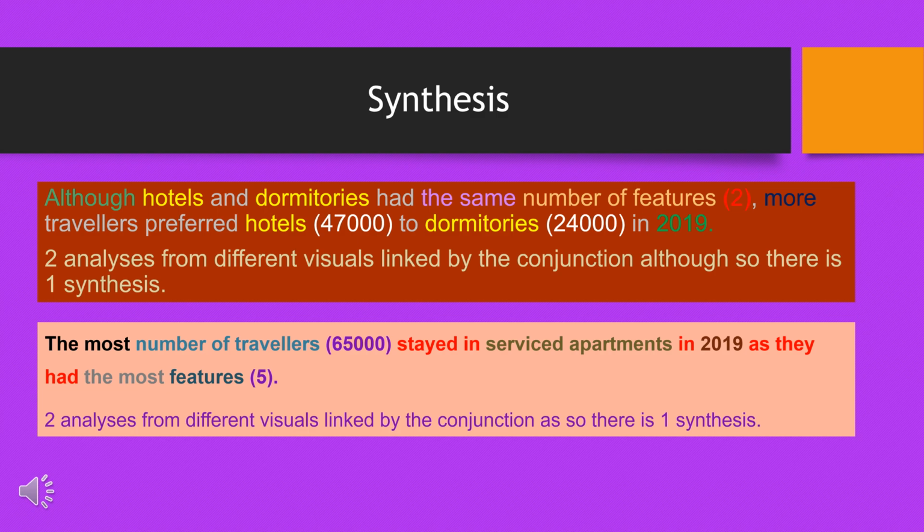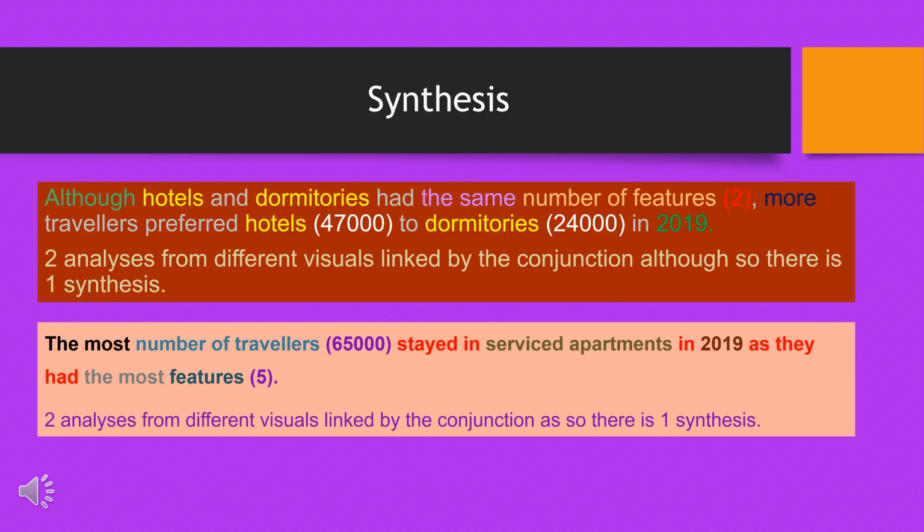So it is making a comparison between hotels and dormitories here, which means that hotel has more and dormitory has less. And the time frame is only focusing on year 2019. So we have two analyses from different visuals linked by the conjunction although. So there is one synthesis.